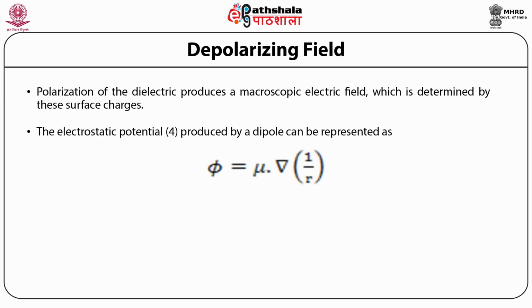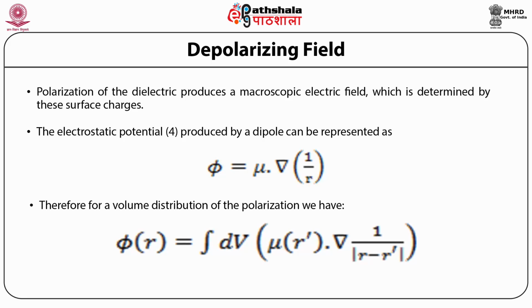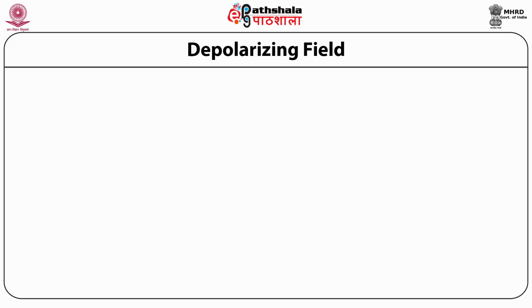The electrostatic potential produced by a dipole can be represented as phi equal to mu dot grad of 1 by r. Therefore, for a volume distribution of the polarization, we have phi(r) equal to the integral over dV of mu(r prime) dot grad of 1 by modulus of r minus r prime, where the integration is performed over the volume of the dielectric.